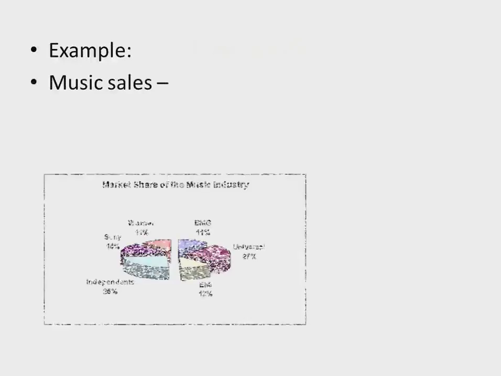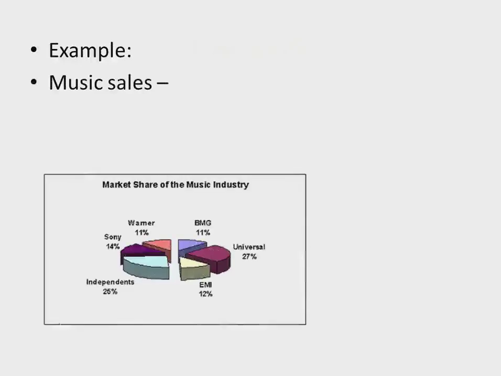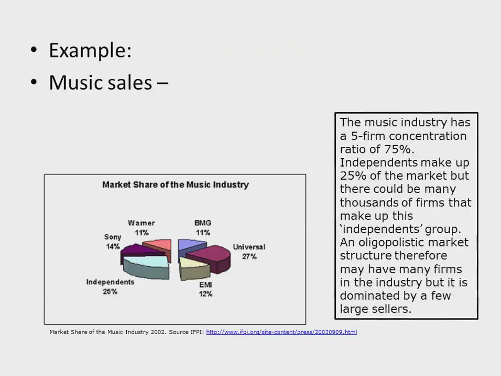For example, if we look at the music sales, we have independent sales covering 25%, Sony with 14%, Warner with 11%, BMG with 11%, Universal 27%, and EMI with 12%. And from that, we see that the music industry has a 5 firm concentration ratio of 75%, which means that 75% of the sales in this industry is covered by 5 firms.